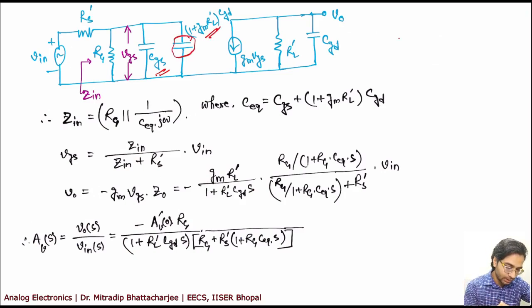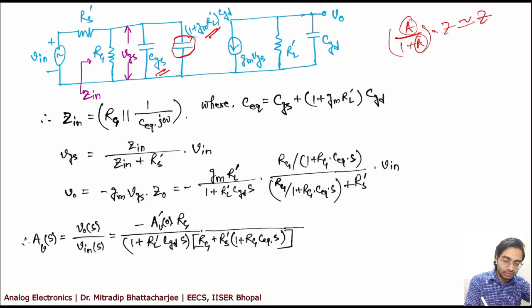So this is the capacitance corresponding to CGD in the input side, and in the output side the value was A by 1 plus A into the impedance. So for higher A, you can neglect 1, the A's cancel out, so this is more or less Z. So a CGD capacitance will appear in the output side as well, right?